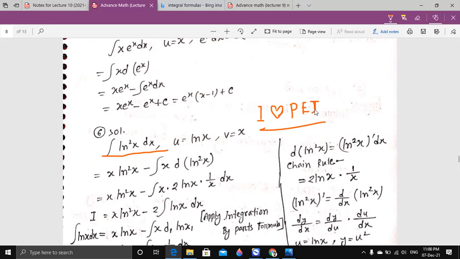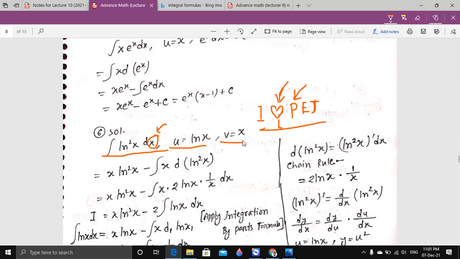I'm just joking. So here is the integration of ln squared x dx. Ln means our log function, right? And we also have x here. So x is a power function, right? So we let u equal ln x, and this x here we let it be dv.